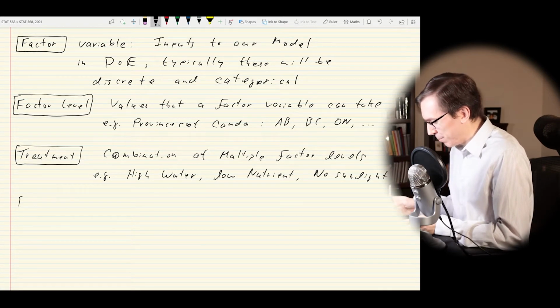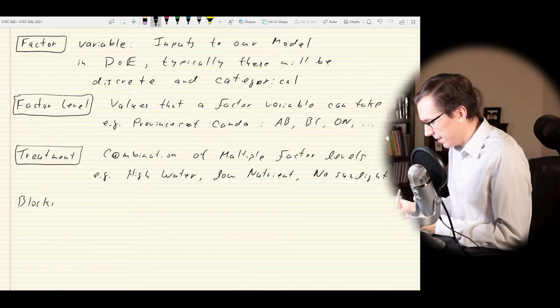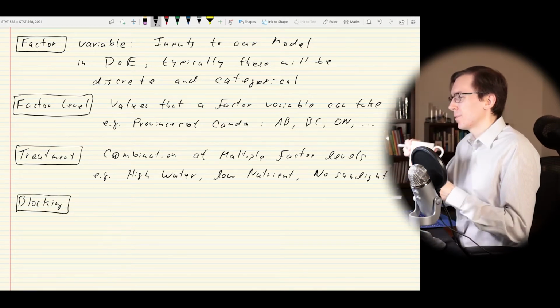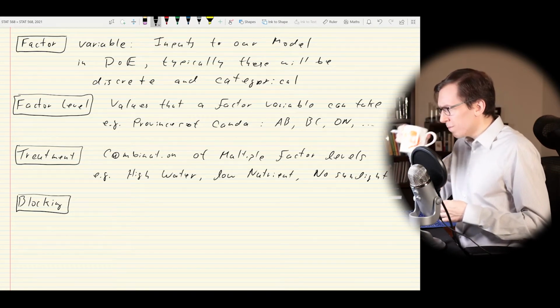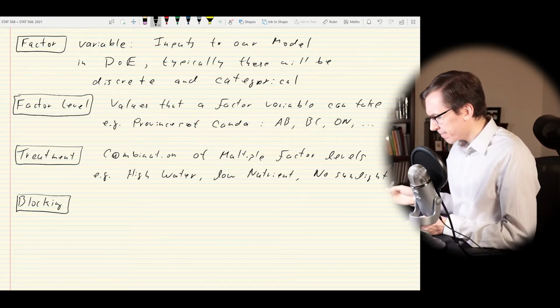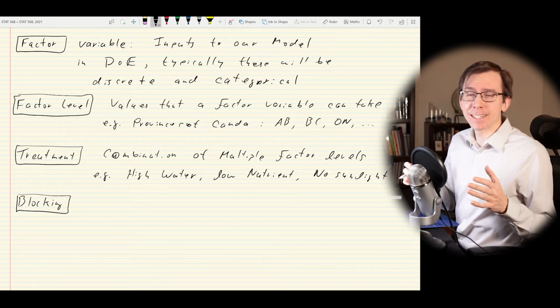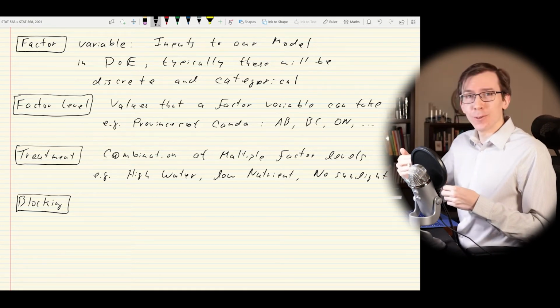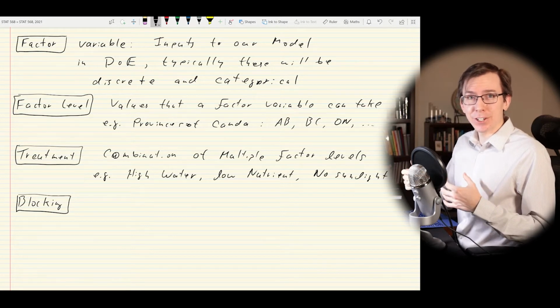All right, we also talk about blocking. Blocking is about grouping subjects of a specific type in order to reduce the variation.